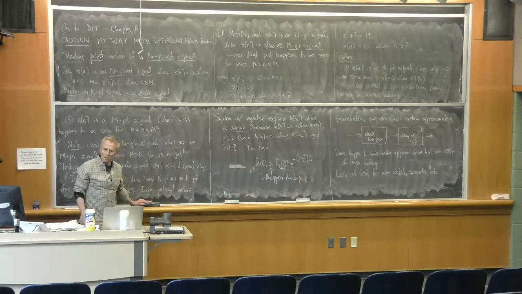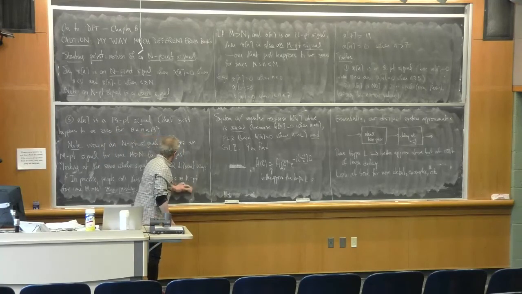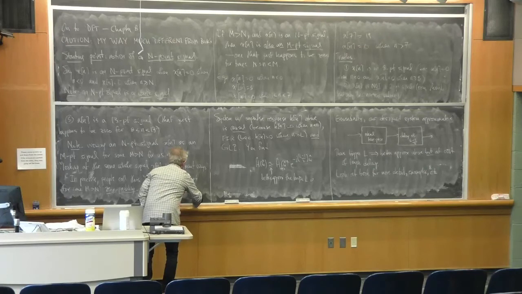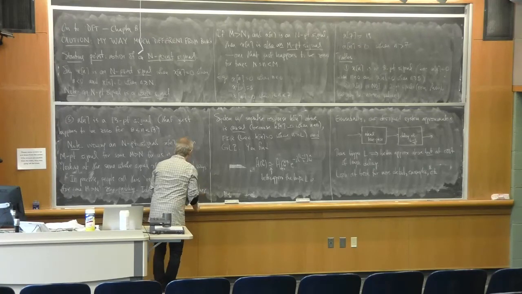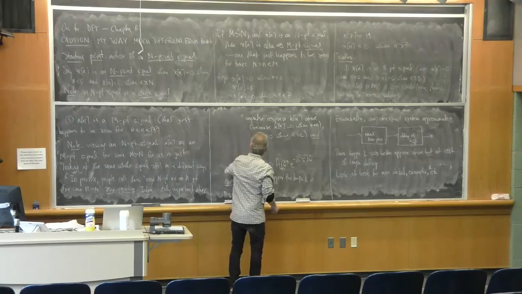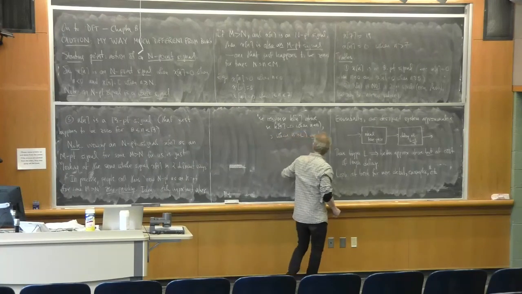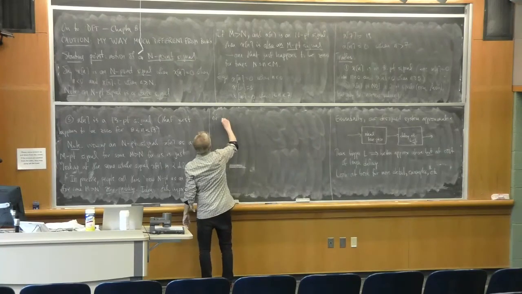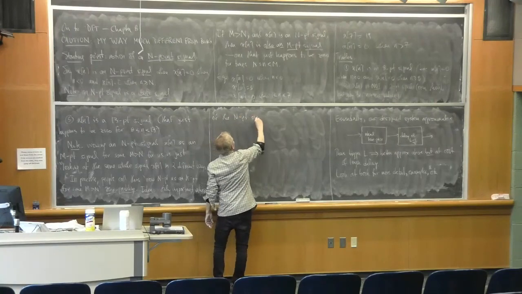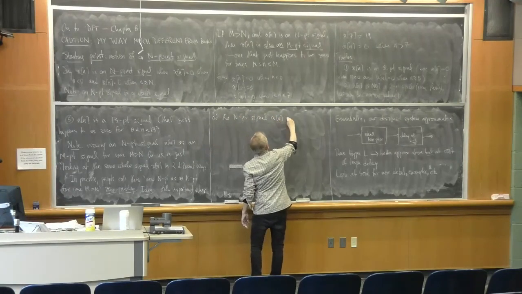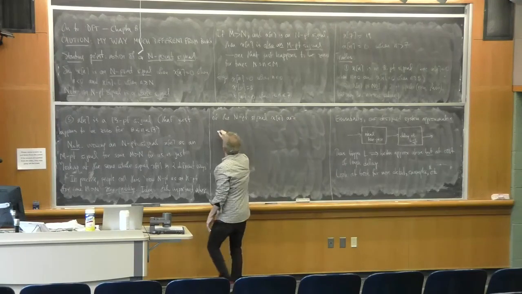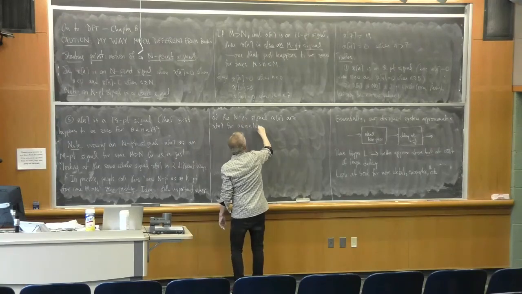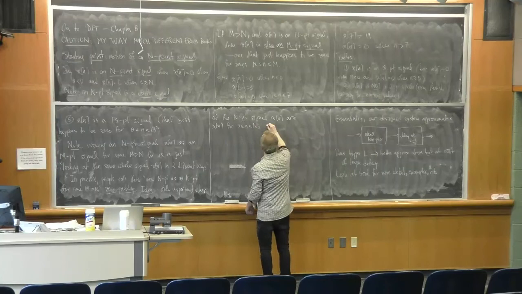How about the only important values of the n-point signal x of n are the values x of n for 0 less than or equal to n less than cap N, and you take the string of values.